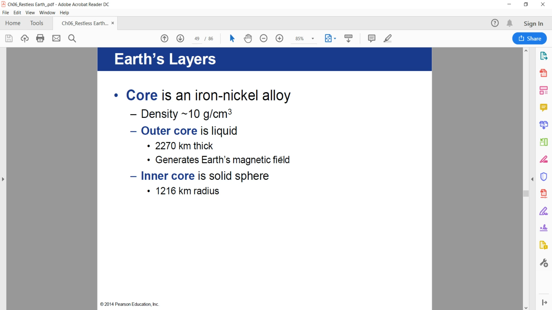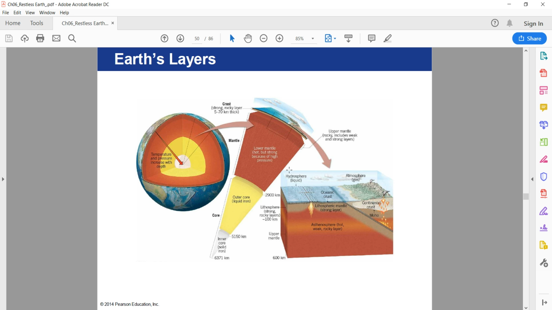Since the Earth is rotating and you have this molten iron in the center of the Earth, that molten rotating iron is creating the magnetic field around planet Earth. So this is just a schematic of these three layers: inner core, outer core, mantle, and then you have crust on the top.